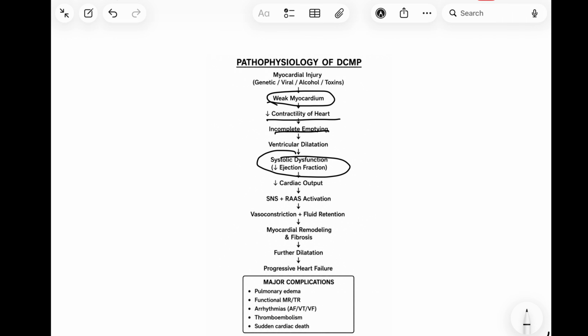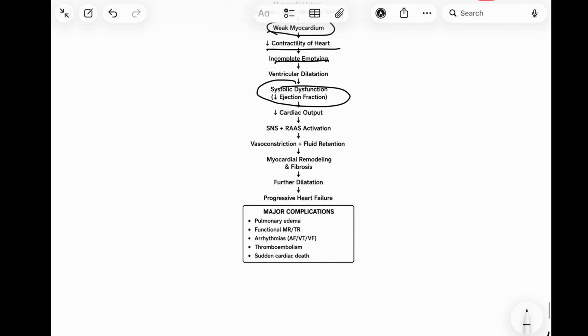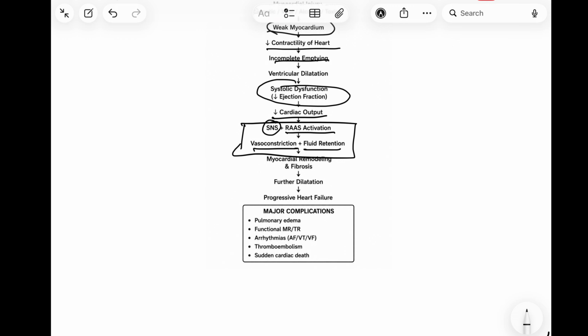In HOCM, there was preserved function, but the structure was so hypertrophied that there was a decrease in preload and outflow obstruction, right? So the basic mechanism differs, but the final outcome is usually the same in both cases. There is a decreased cardiac output and activation of the sympathetic nervous system and RAS, which results in vasoconstriction and fluid retention, as we discussed in the video for heart failure. So let's revise it again.